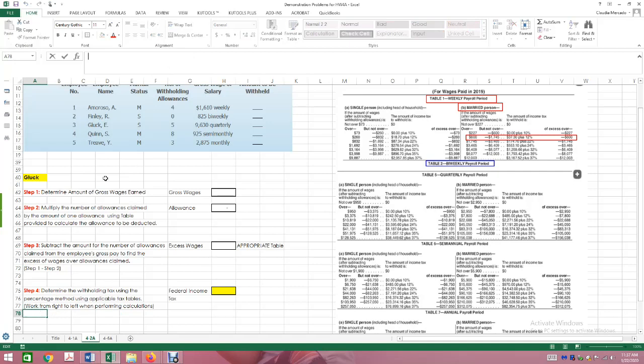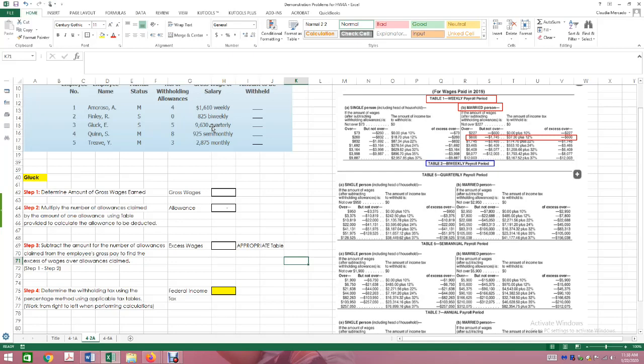Gluck. So Gluck is single, has 5 allowances, and gets paid quarterly. $9,630. So this is an awesome problem because we are using a variety of tables. So how much is the wages earned by Gluck?